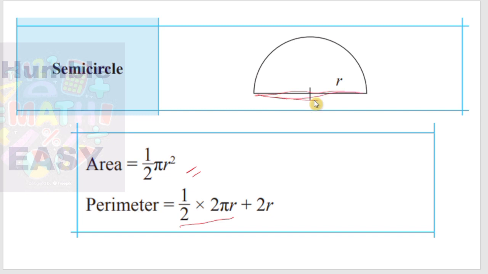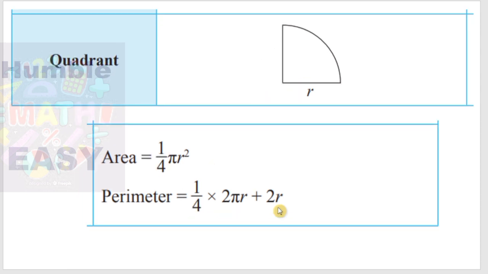So that is the formula for the perimeter of a semicircle.